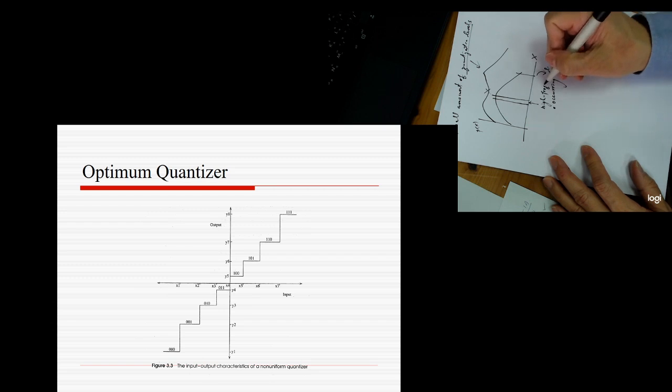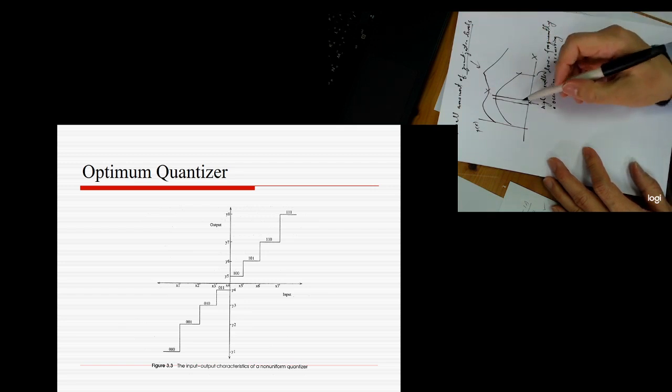So we can say this region is occurring frequently and this one is occurring infrequently.